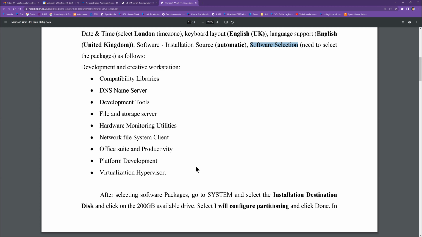So this is the first thing that you need to be very careful about here. You need to make sure that you go into software selection and you check all of the boxes for the development and creative workstation that apply, which is compatibility library, the DNS that we'll need to use later on, file and storage, and so on and so forth.